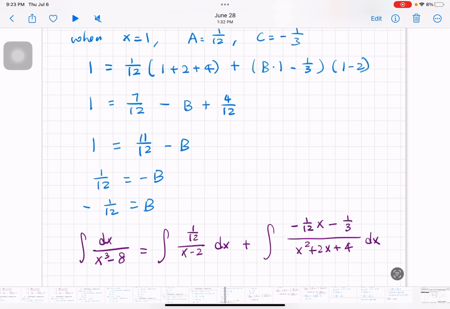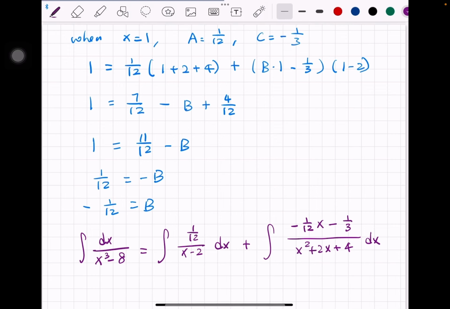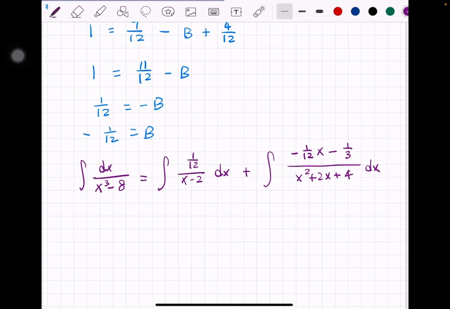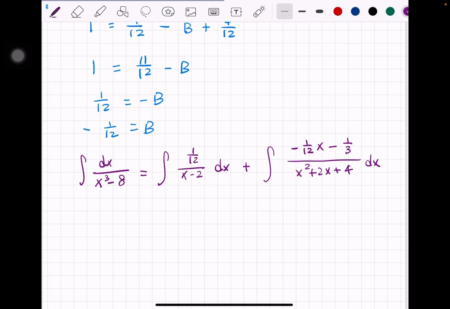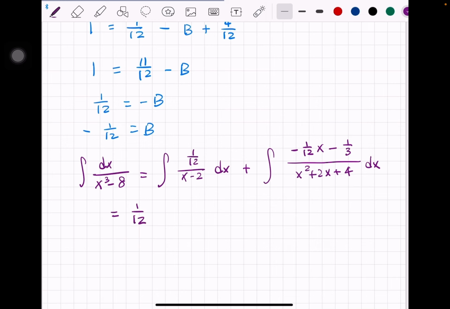So the setup is going to break it up into the integral of a over x minus 2 dx, where a is 1 over 12, plus the integral of bx plus c, where b is negative 1/12 and c is negative 1/3, so negative 1/12 x minus 1/3 over x squared plus 2x plus 4. For this one, the first part is easy to calculate, which is just the ln.